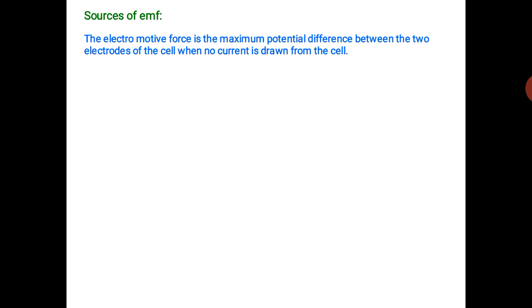It means if the cell is not in use and you are measuring the potential difference between the positive and negative terminal of the cell, that potential difference itself is the electromotive force of that cell.